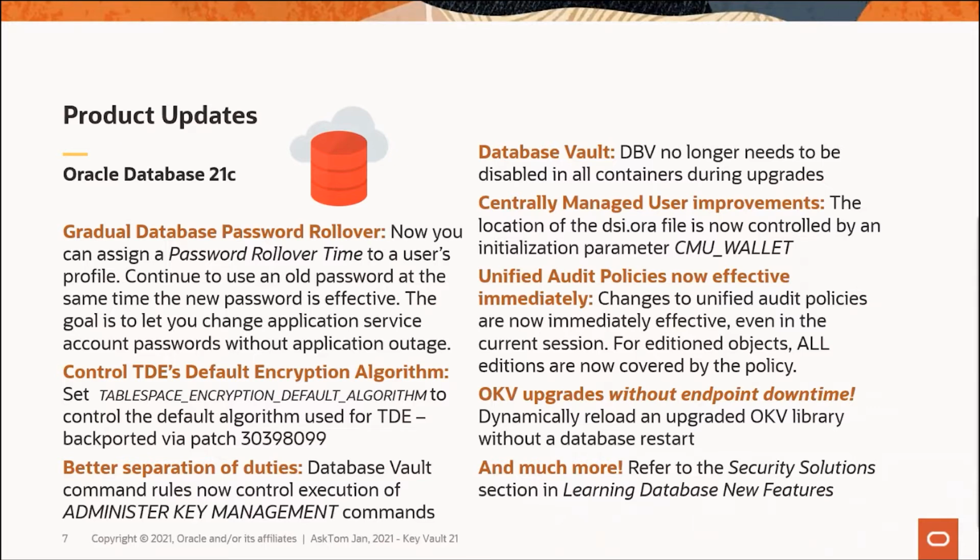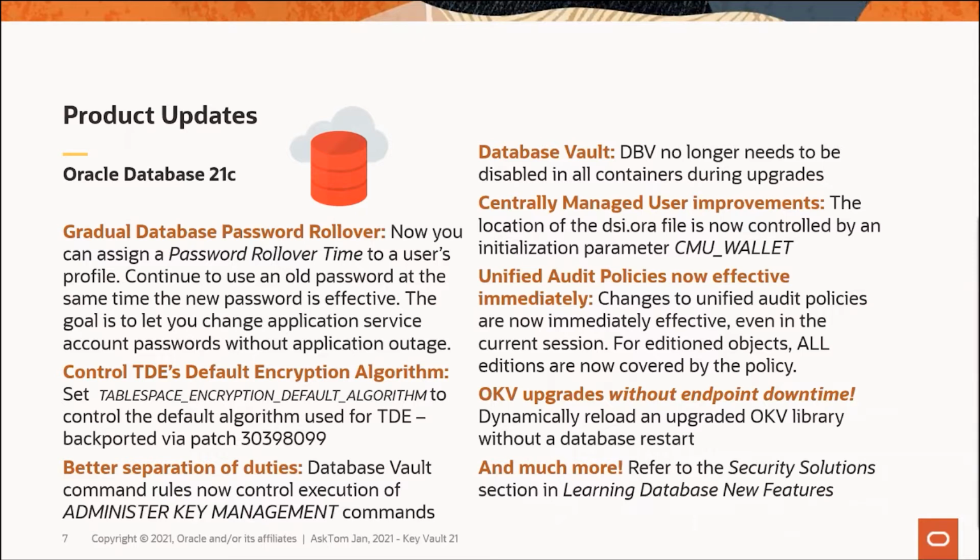With gradual database password rollover, you now have the ability to set a new parameter in the user's profile called password rollover time. This parameter gives you a grace period between the time the password is changed and the time that the old password stops working.